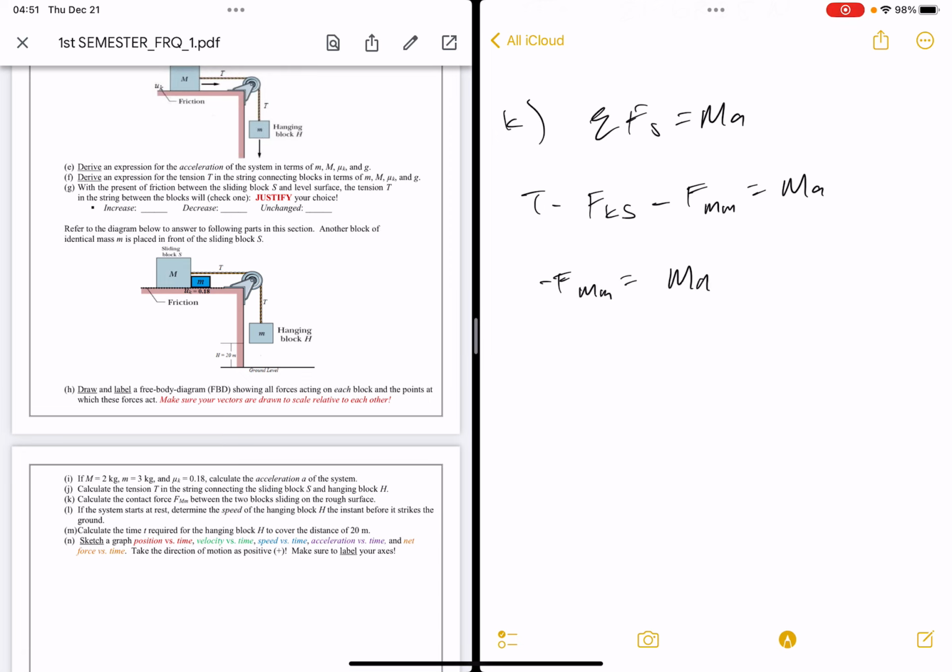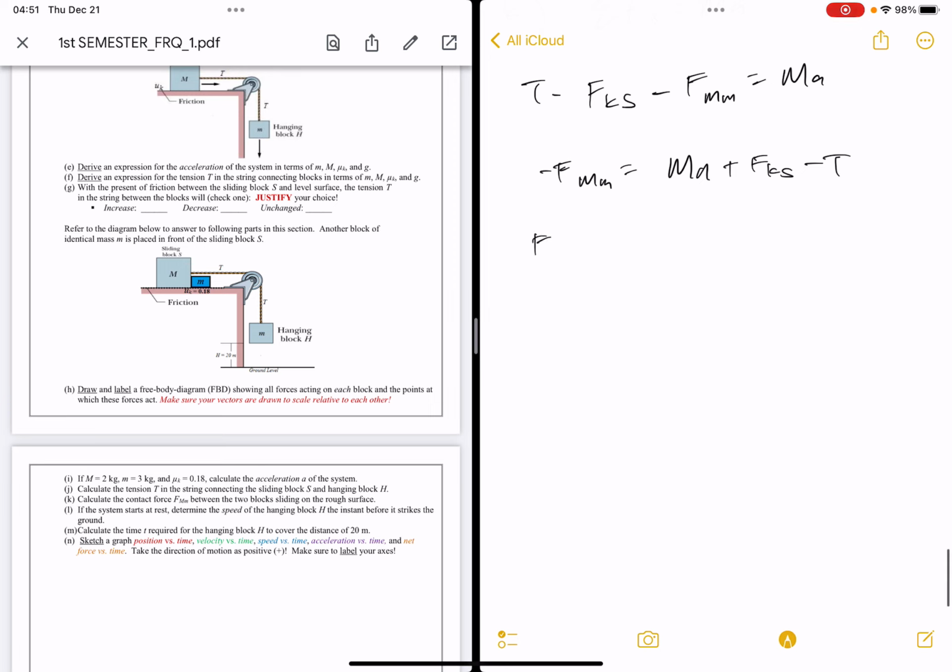So it's M a plus F K S minus T. And then when we divide by the negative, we get M a minus F K S minus T. Oh, negative here, my bad. Plus T.